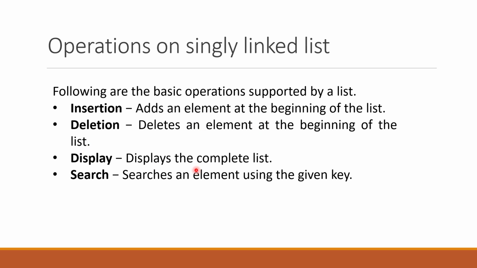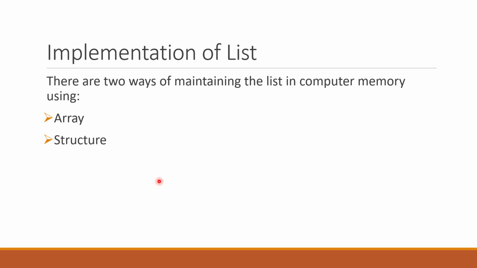Display means we can display the complete list, or all the elements that we have stored in a list. Search means that we can search for any element from the list. We can implement a list using arrays and structures.